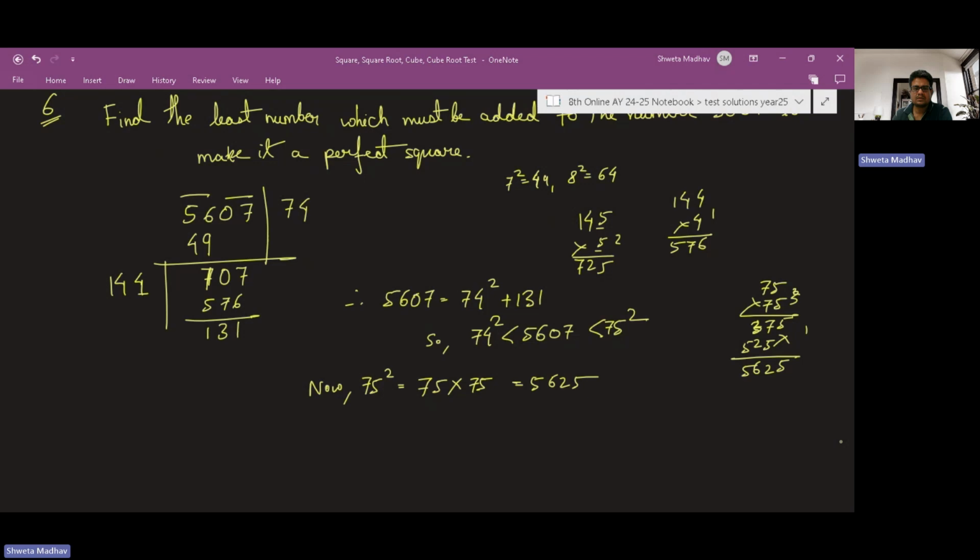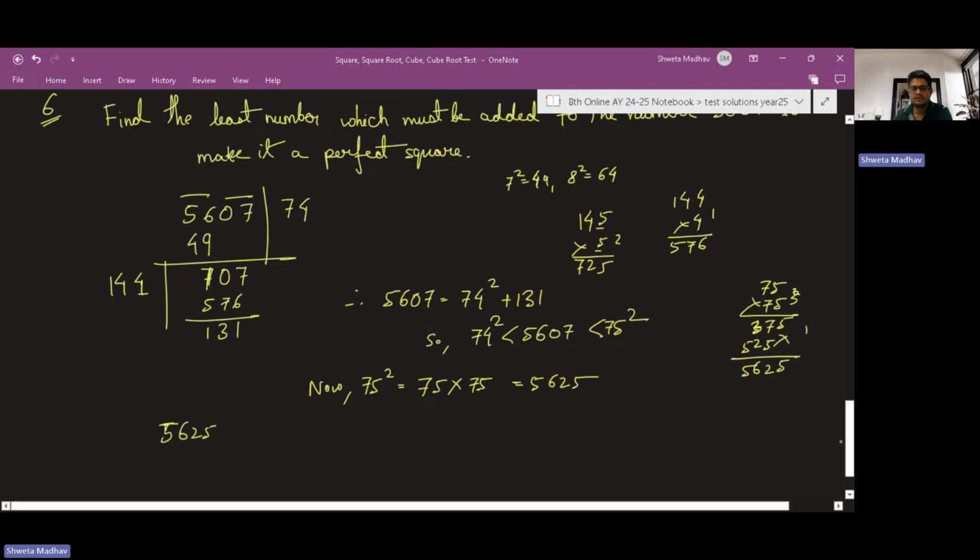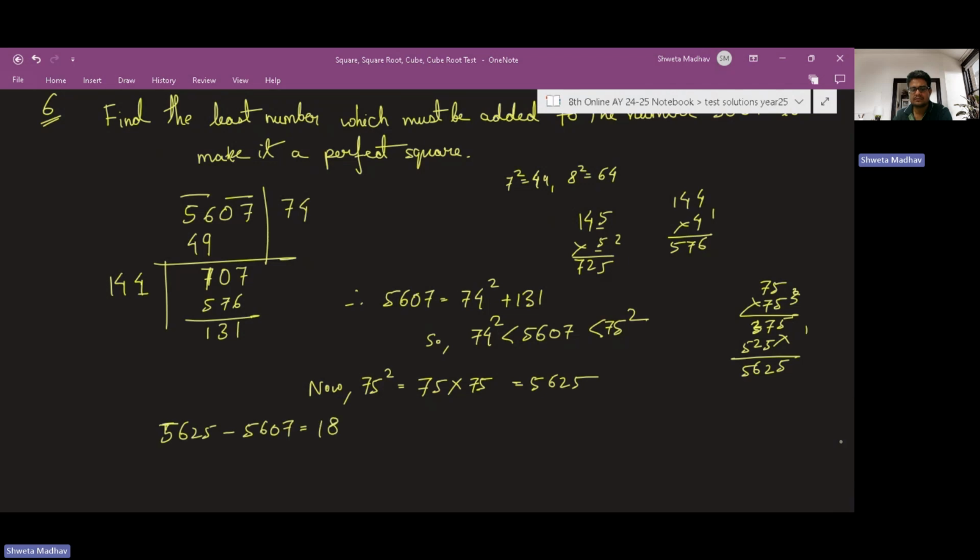So therefore, the least number that should be added is 5625 minus 5607, which is equal to 18.